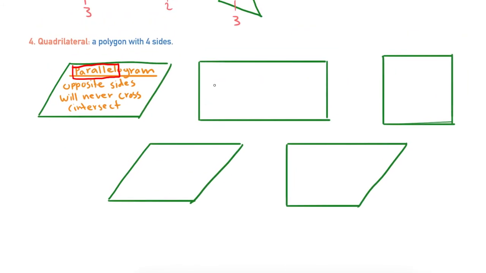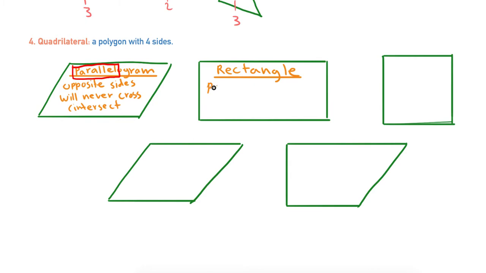So let's go over this shape. You might recognize this shape. This is called a rectangle. So you might be wondering, what makes a rectangle a rectangle? Well, pretty much a rectangle is also a parallelogram, all right? So we just learned about parallelograms, meaning the opposite sides will never cross each other if we extended them.